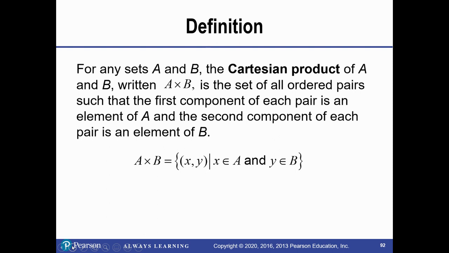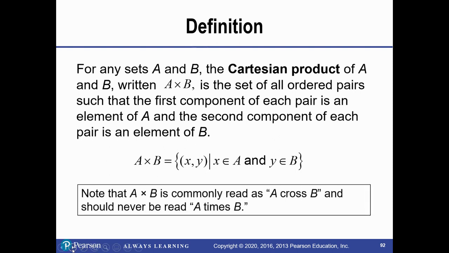Then in our ordered pairs, the first element will come from set A and the second element will come from set B. And so this is our formal way of writing A cross B: the set of all x comma y such that x is an element of A and y is an element of B. So A cross B should never be read as A times B because, again, we're not really multiplying anything.